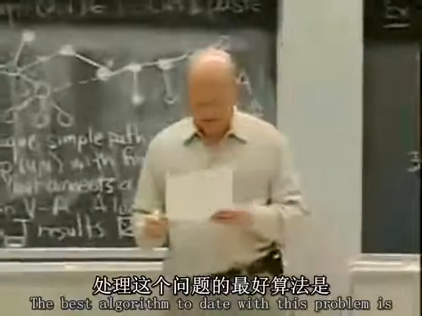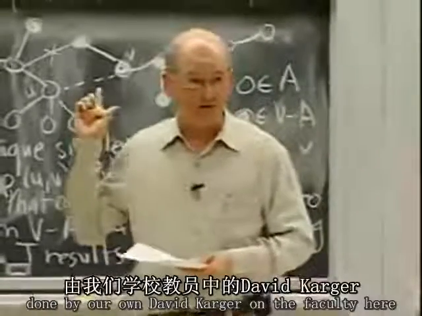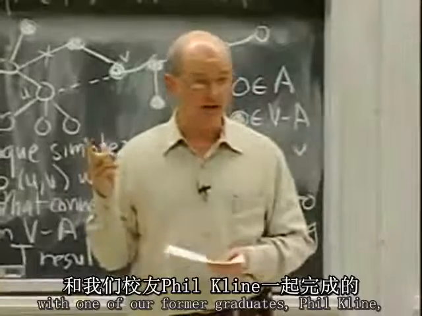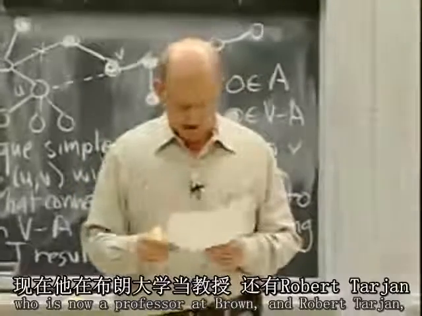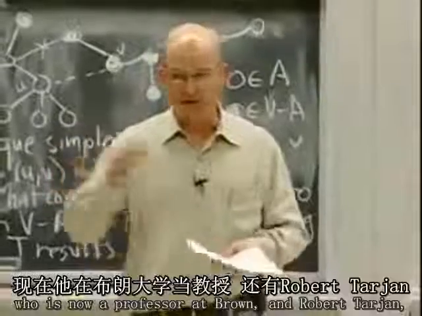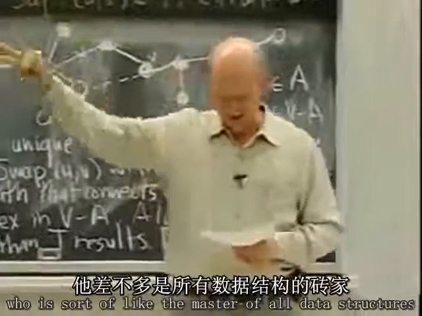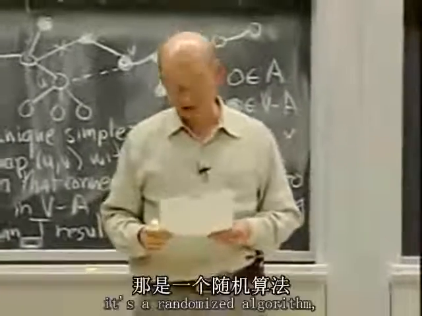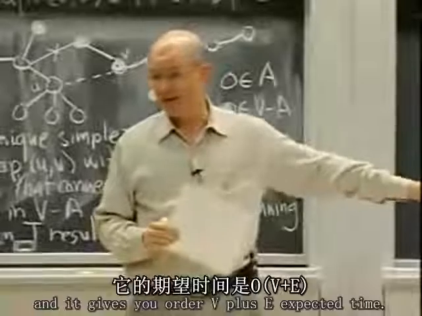The best algorithm to date for this problem is done by our own David Karger on the faculty here with one of our former graduates, Phil Klein, who's now professor at Brown, and Robert Tarjan, who is sort of like the master of all data structures, who's professor at Princeton. In 1993, it's a randomized algorithm, and it gives you order V plus E expected time.